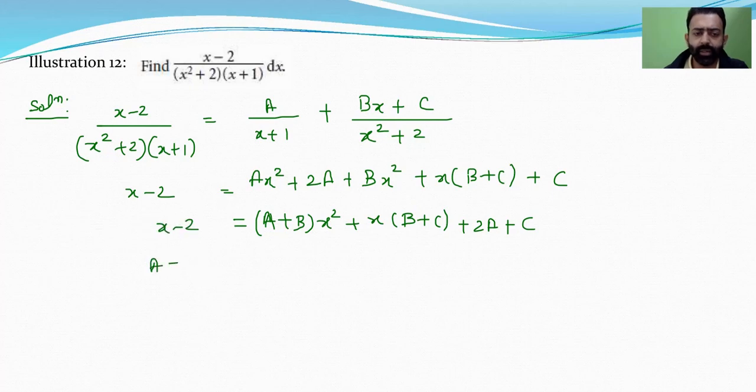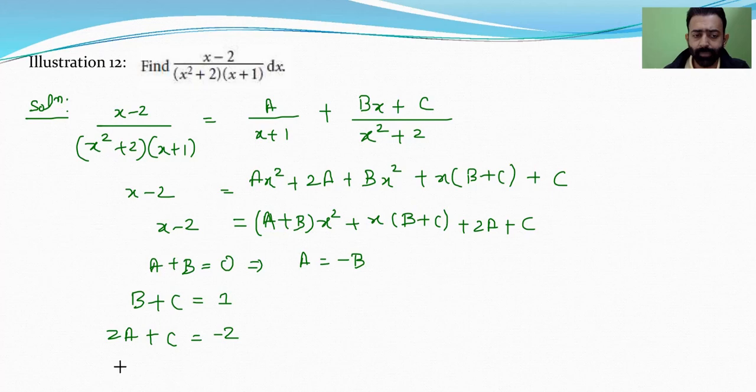That means a plus b is equal to 0. Here I get a as minus b. From the second we have b plus c is equal to 1, and 2a plus c is equal to minus 2. I can introduce a as minus b, so minus 2b plus c is minus 2. So combining these two equations, I have b plus c is 1 and minus 2b plus c is minus 2.